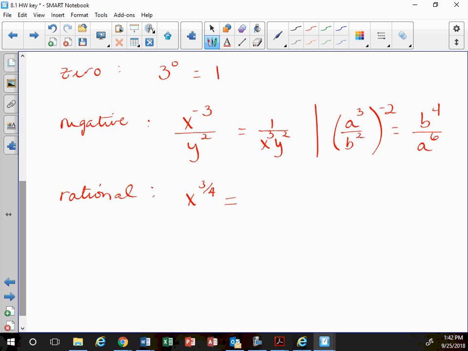The bottom one is the root. Bottom one is the root. So this means the 4th root of x cubed. Or you could write it this way, the 4th root of x and the whole thing cubed. Those mean the same thing.